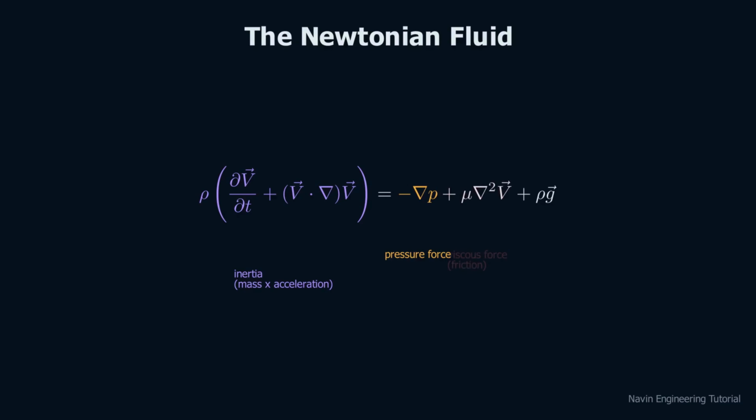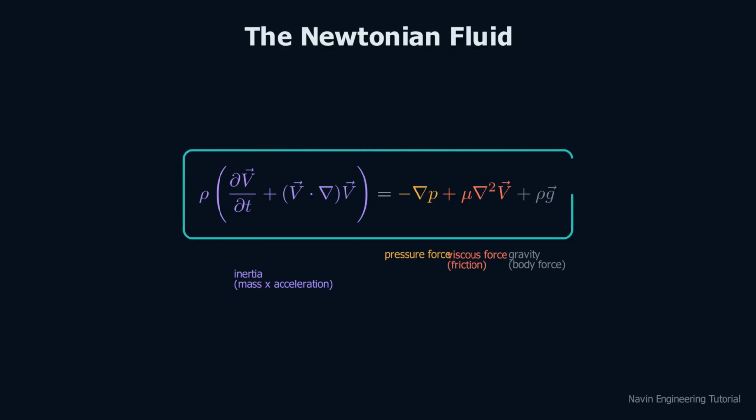The second term, viscosity, smoothing out differences in velocity between neighboring layers of fluid, exactly the friction we watched between the sliding plates. And finally, gravity, or any other body force acting on the fluid. This is the equation. Four physical effects, inertia, pressure, viscosity, and gravity, balanced against one another at every single point of a moving fluid, at every instant of time.